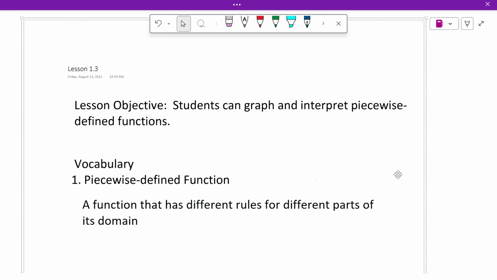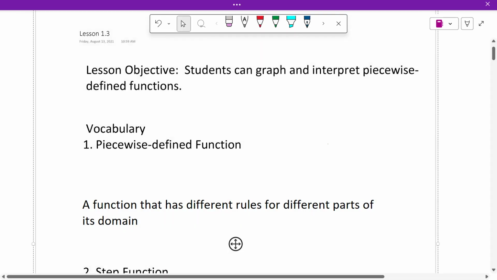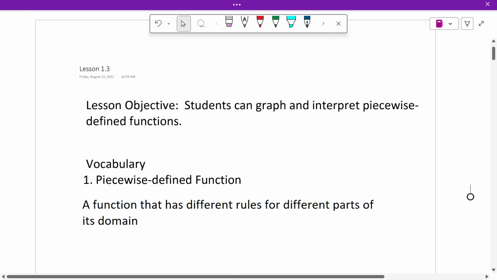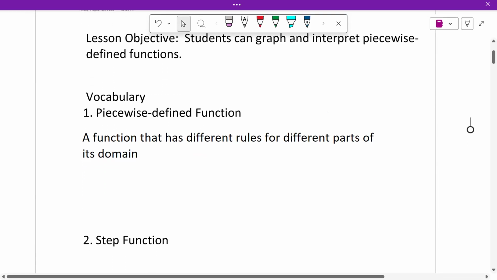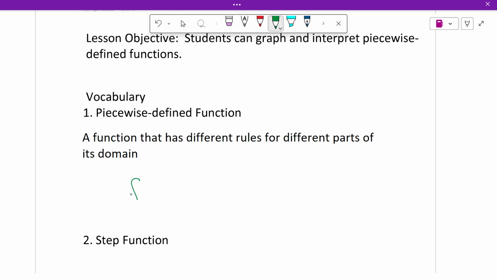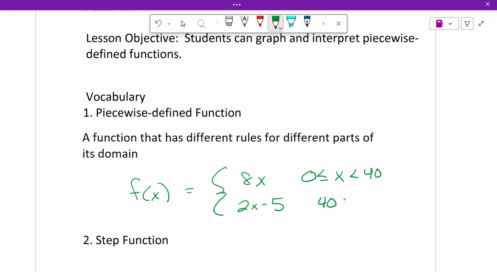So here's an example of a piecewise function. F of x is 8x from 0 up to 40, and then it's 2x minus 5 from 40 on after that.